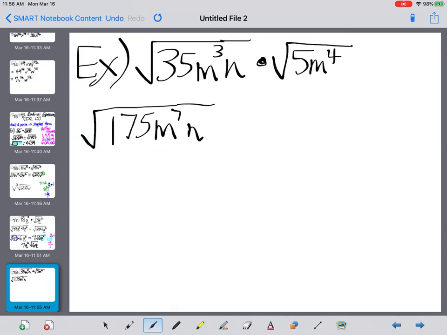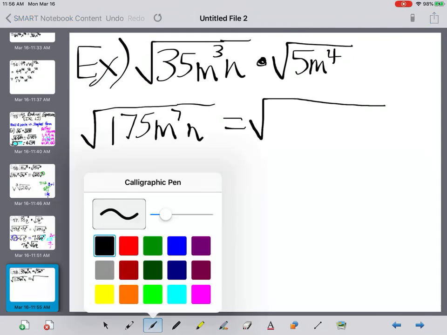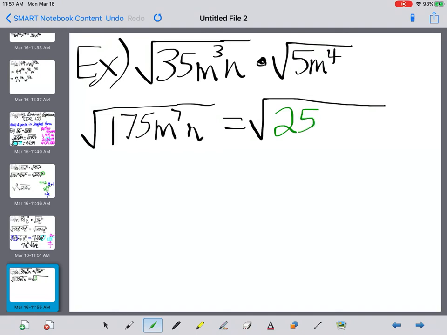So, okay, that 175, I know that has to have something inside it, a perfect square. A perfect square that's inside 175 would be 25. So I'm going to have the square root of 25 times 7. Okay, and then I'm going to have m to the 7th n.